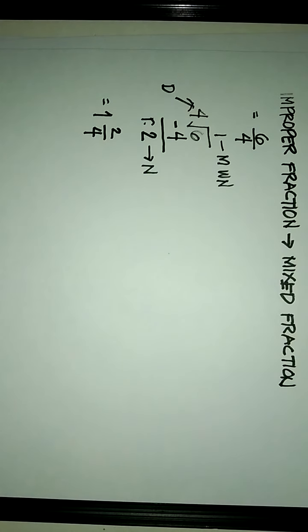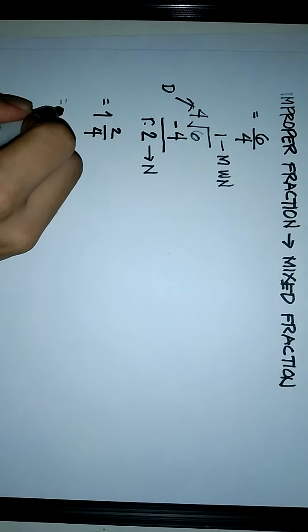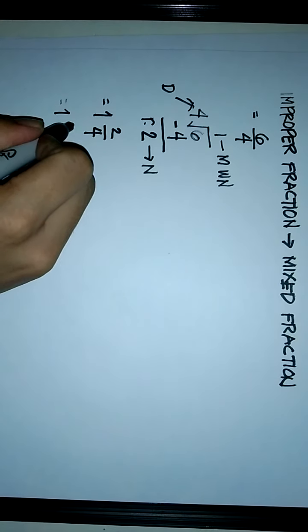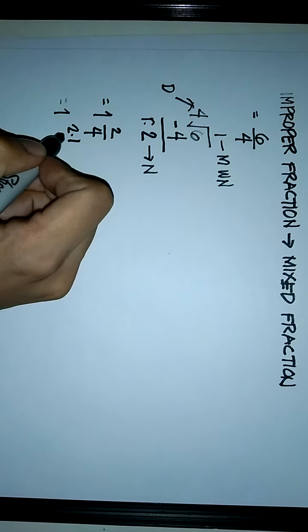Pero hindi pa yan yung final answer because yung 2/4 natin can be simplified. So, paano ba siya masisimplify? It is by yung paggamit natin ng kanyang factors. So, ano ba yung factors ng 2? Diba meron tayong 2 times 1.